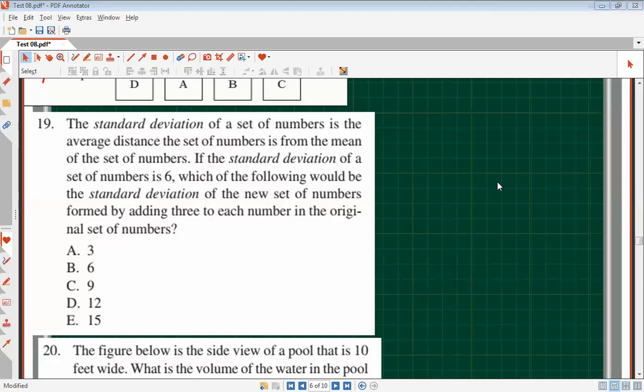Question 19. The standard deviation of a set of numbers is the average distance the set of numbers is from the mean of the set of numbers.